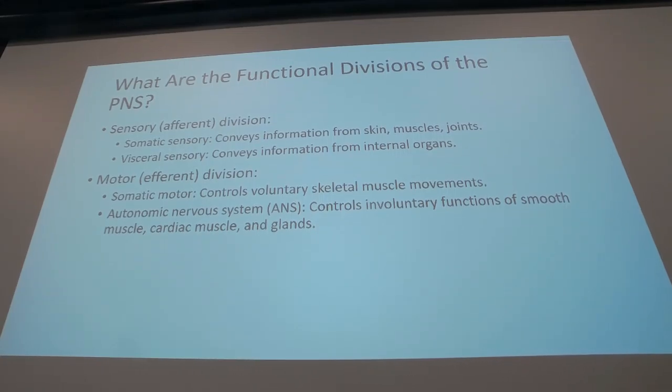So now let's look at the subdivisions of the PNS, or peripheral nervous system. The PNS is divided into sensory or afferent and into motor or efferent.